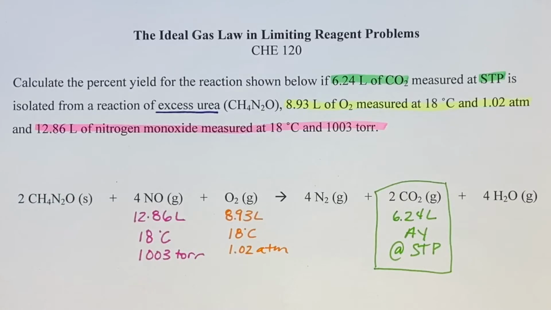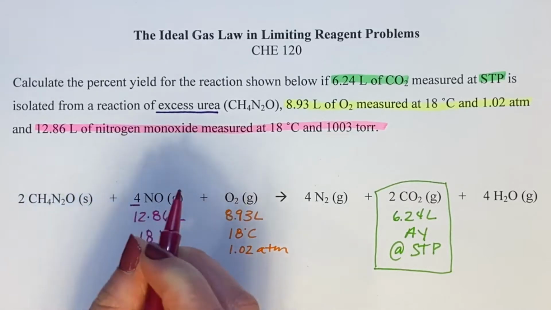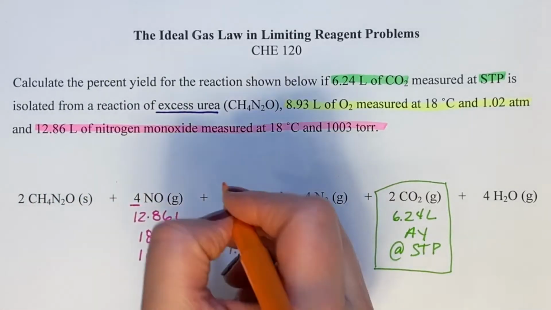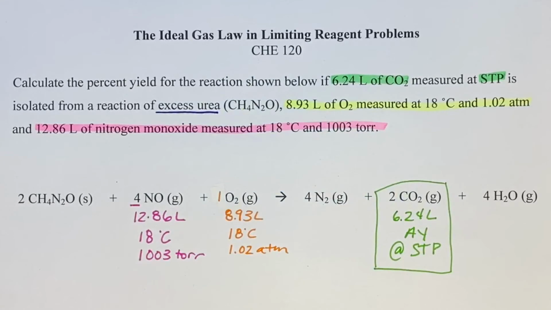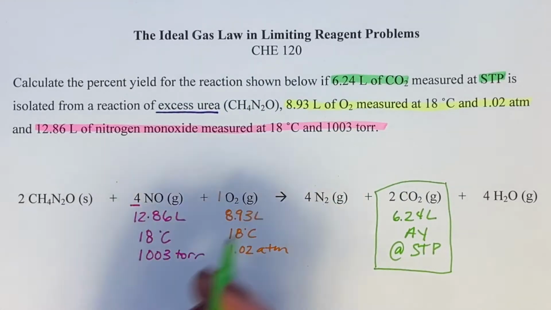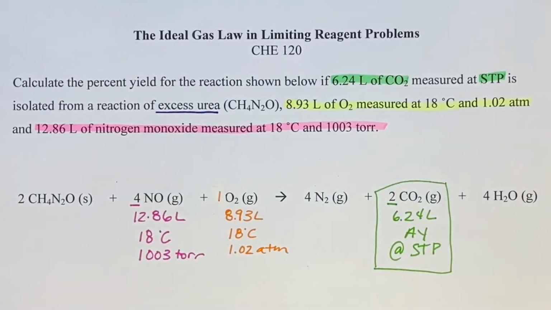In this problem, the coefficients that are important for me are the 4 in front of nitrogen monoxide, the implied coefficient of 1 in front of oxygen, and the coefficient of 2 in front of carbon dioxide. So 4 moles of nitrogen monoxide plus 1 mole of oxygen will yield 2 moles of carbon dioxide.